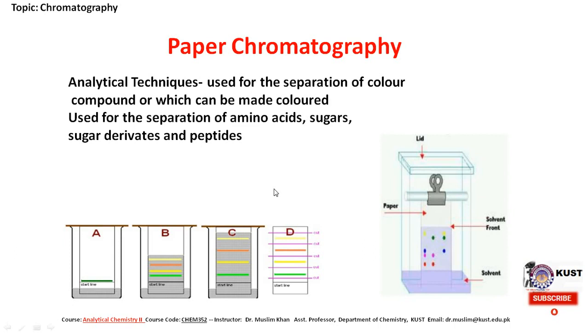The quantity of sample used is in micrograms, meaning a very small quantity is needed, and it can be used for the separation of a wide variety of compounds like amino acids, oligopeptides, sugar derivatives, steroids, vitamins, and some alkaloids and antibiotics like penicillins, tetracyclines, streptomycins, etc.